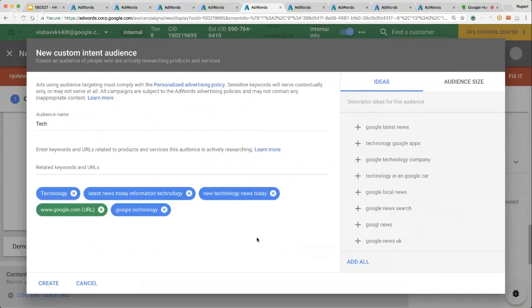The audience you create based on custom intent will be the people who browse these URLs or who search those terms. That will help you identify high intent audiences for your advertisers. It's currently available for display campaigns.